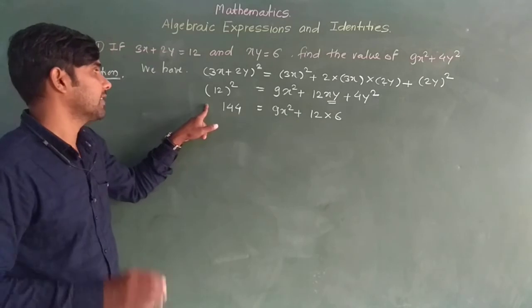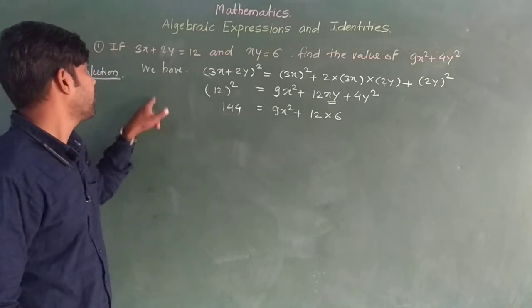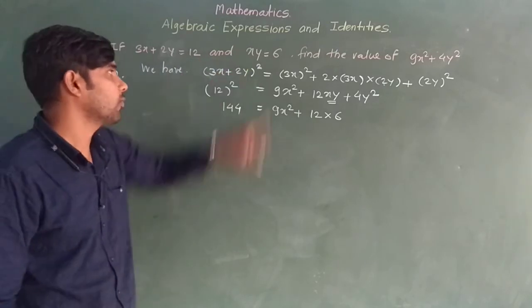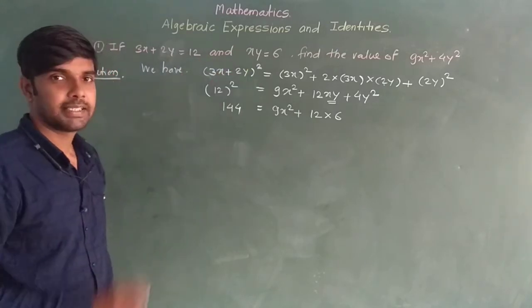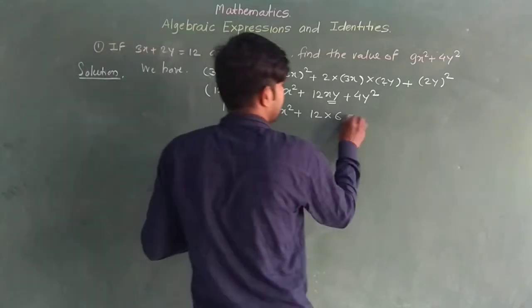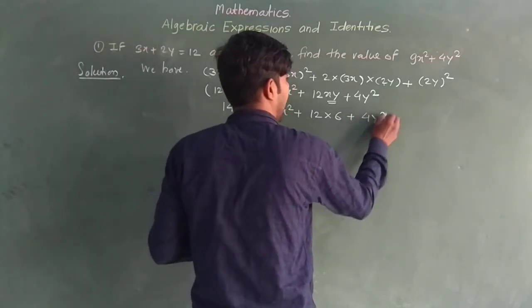You can write one sentence here that by putting the values 3x plus 2y is equal to 12 and xy is equal to 6, we obtain this, plus 4y square.